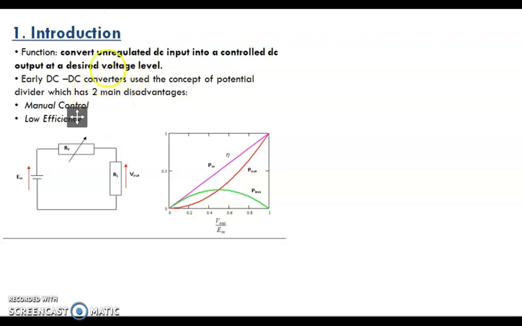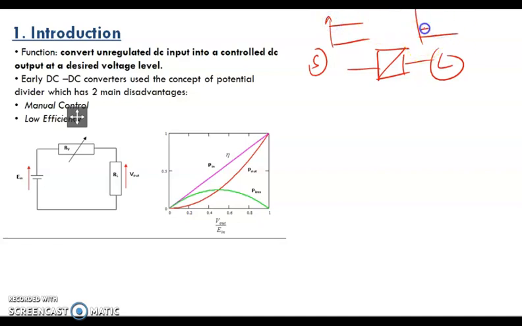So for the linear regulator, we convert an unregulated DC input into a controllable DC output at the desired voltage level. Let's say we have our input source here, and the load. We have a certain level of voltage we need.